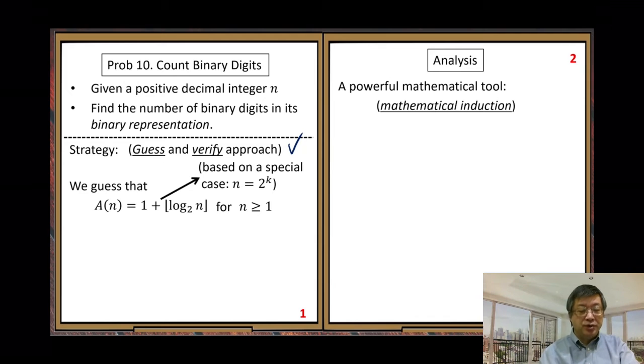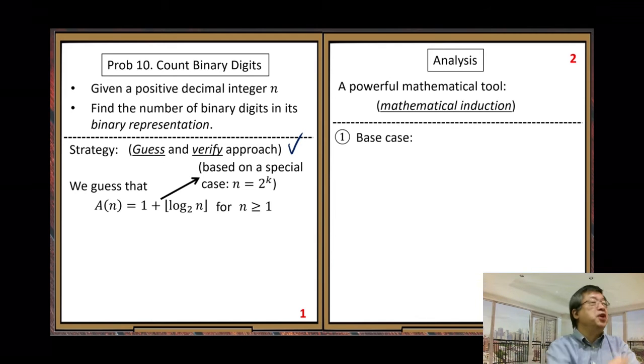There are 3 steps. The first step, we need to check the base case. We need to start from somewhere, so usually we should have some simple base case. Here, our base case: A of 1 equals 1, right?